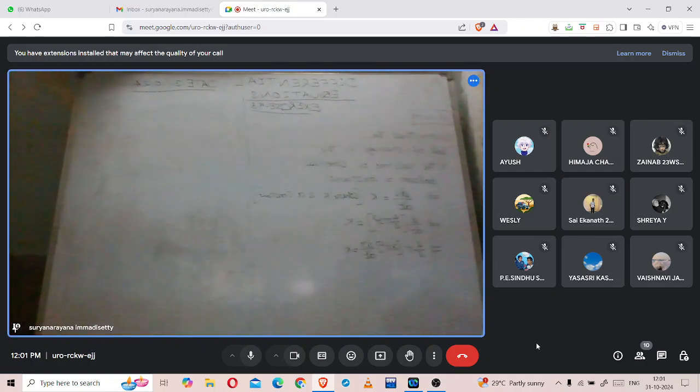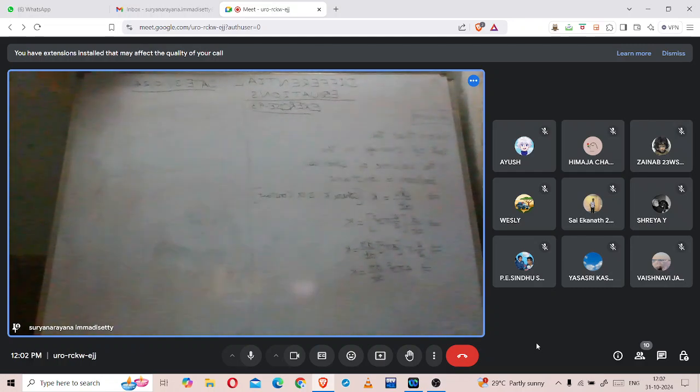Here we used the chain rule. Here 3 gets cancelled. This implies 4 pi r square into dr by dt is equal to k.